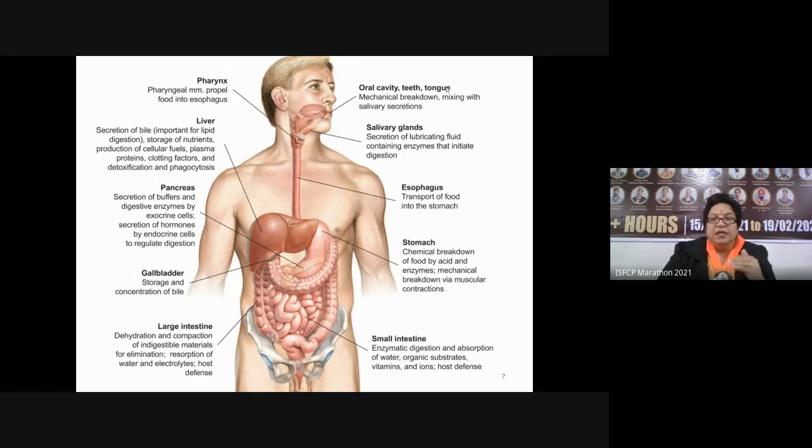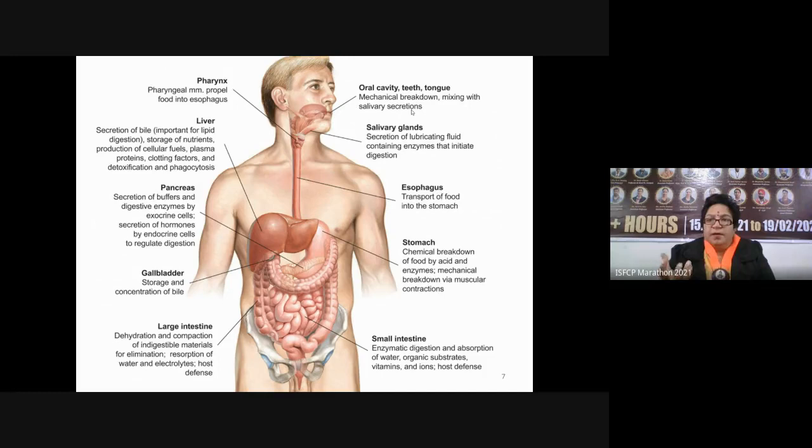Then these are the salivary glands here. They help in the secretion of a lubricating fluid, that is saliva, which contains enzymes that initiate digestion. As I've already told you, the moment the food enters your mouth, even if you do not chew, just keep the food in your mouth for say 10 to 20 seconds, your mouth will be full of saliva.